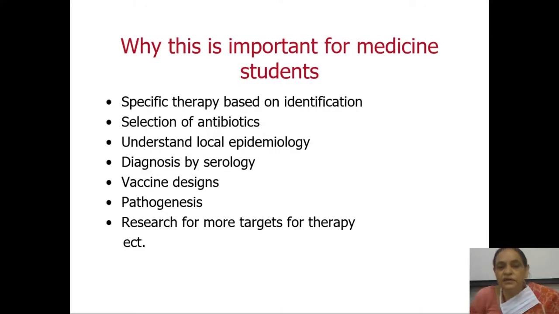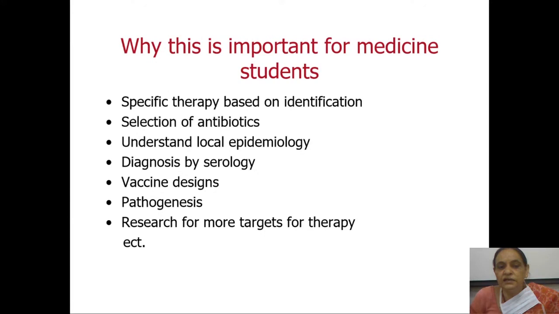Then you use the structures, the antigen, as I told you, for diagnosis by serology, serological diagnosis. Then vaccine designs: the fimbriae or the antigens you use to design various vaccines, or any other toxic components are used to design vaccines.